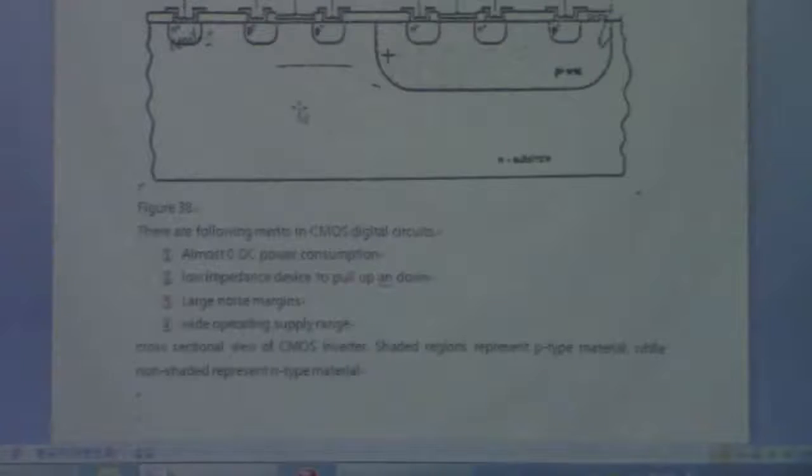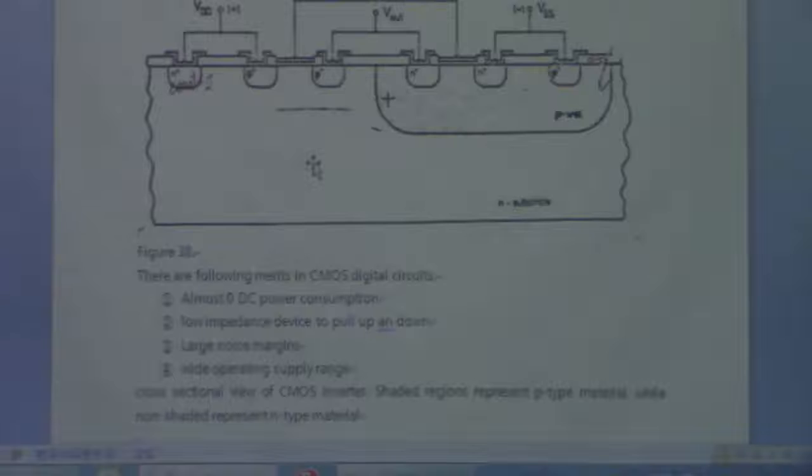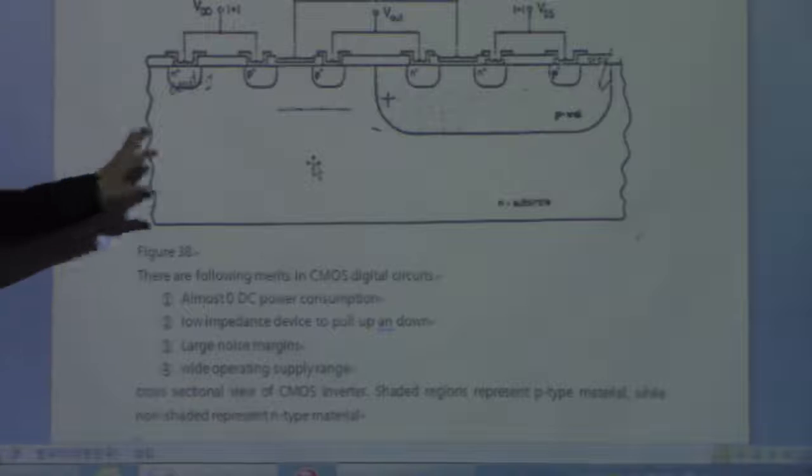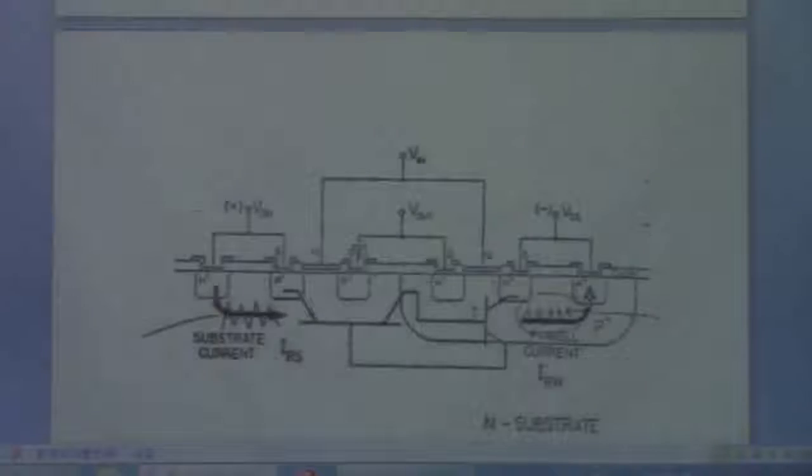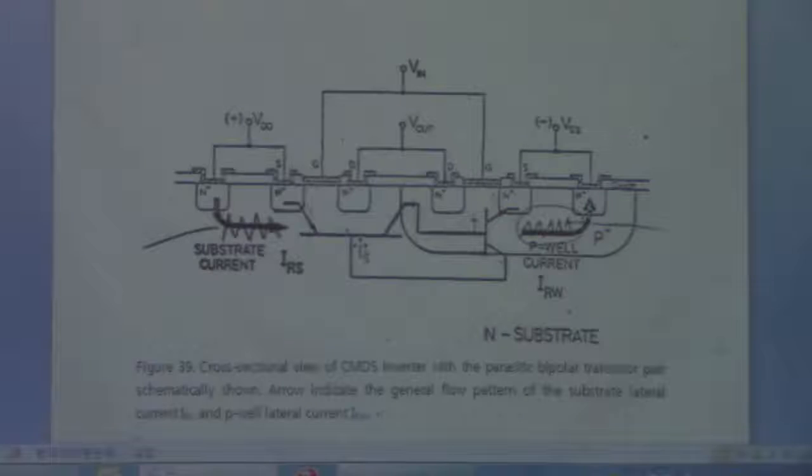But in this discussion, we just have this configuration as a model, and that is going to be the same. Any theories related to the latch-up are going to be applied for the other CMOS devices as well, exactly the same thing. So what is the latch-up?